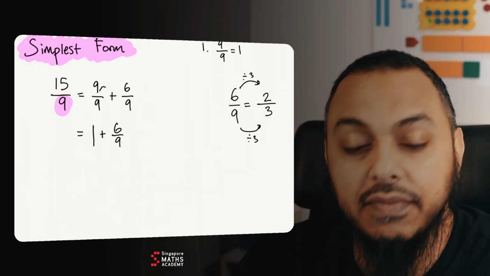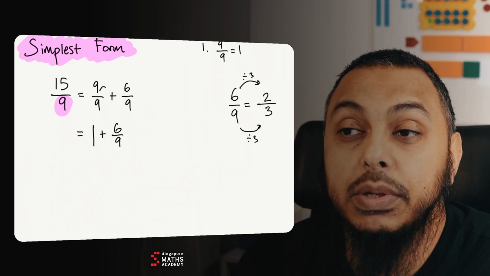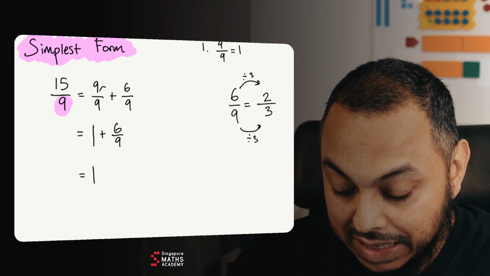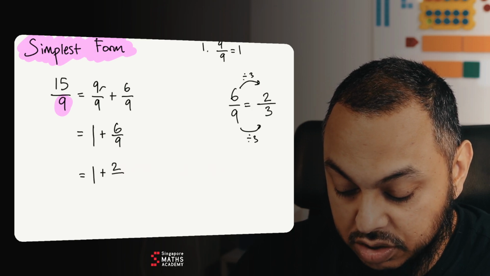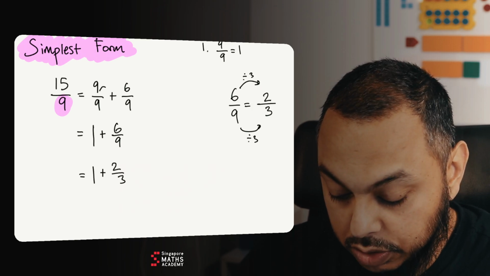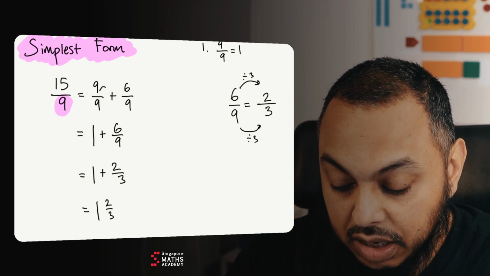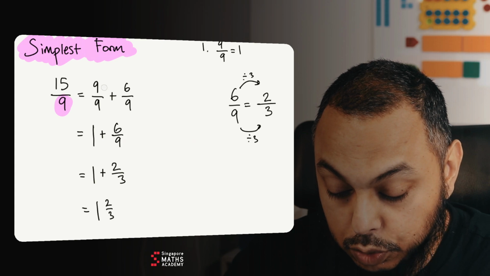So 6 ninths is equivalent to 2/3. 6 ninths in its simplest form is 2/3, and so my answer is going to be 1 and 2/3. 1 add 2/3, because 6 ninths is equivalent to 2/3, is equal to 1 and 2/3. So 15 ninths is equal to 1 and 2/3.